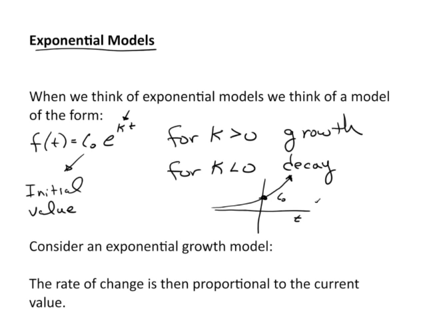Now, on the other hand, if k is negative, then I have a decay model, so a graph would look like this. Still, when t equals 0, I'll be at the y-axis at the value c naught, but the model decays. It gets smaller and smaller and smaller.